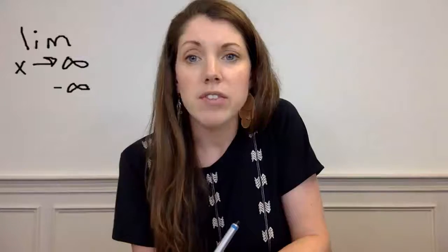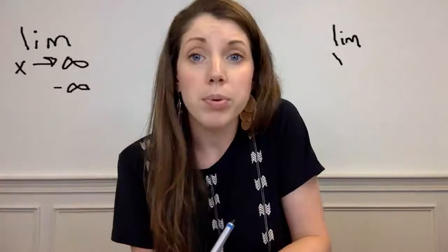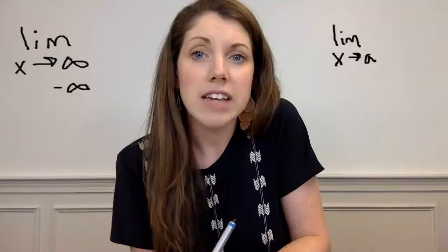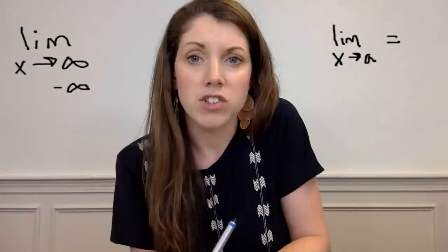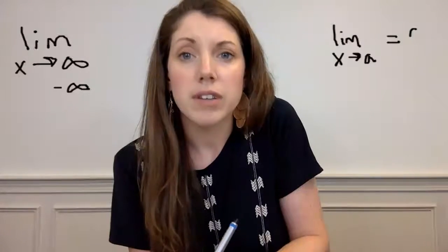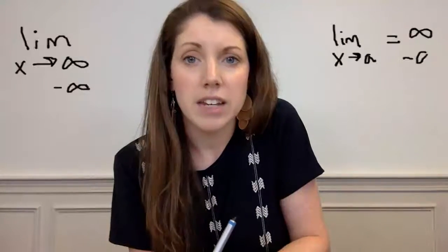And we also have limits where we're approaching just some number, so we'll call it a, and the answer that we get turns out to be either infinity or negative infinity.